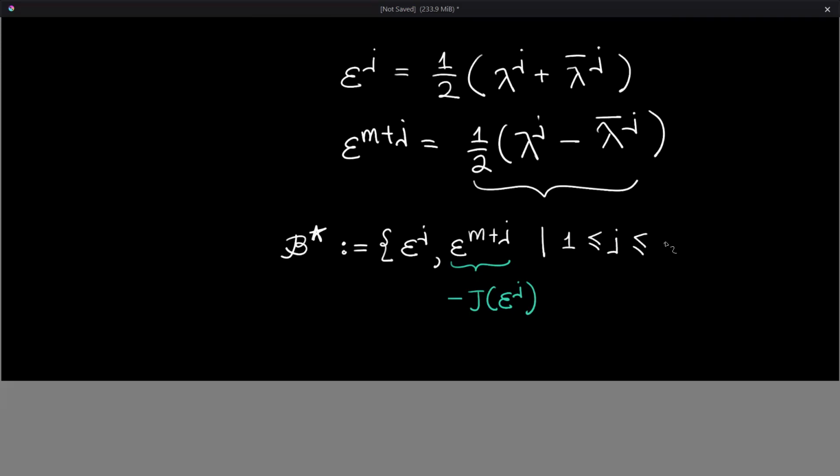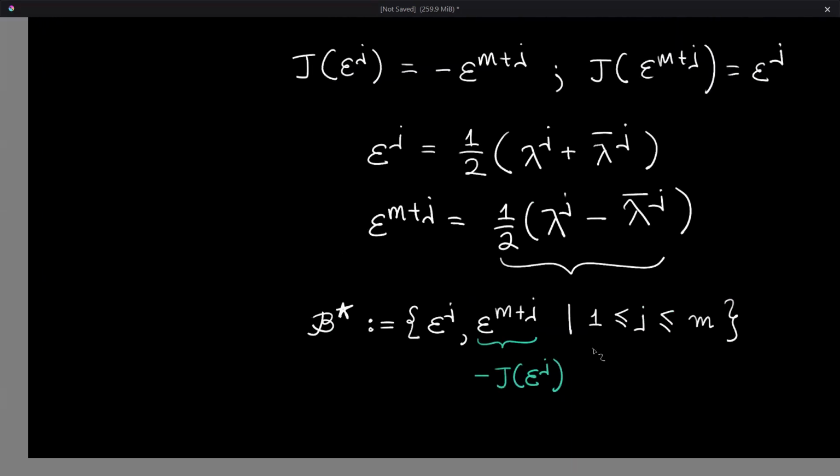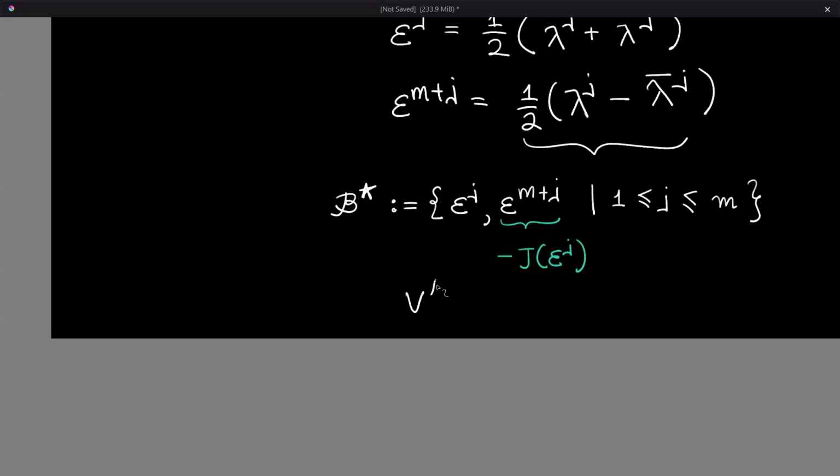Yeah, and then the index runs from 1 to m. So this set is a linear combination of the previous basis set, so it's also a basis for all of B star cross C. Right.